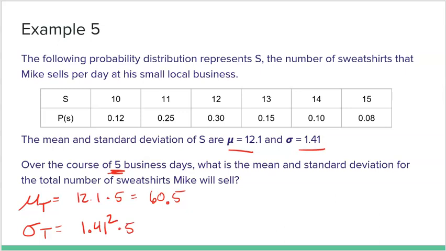I got 1.41 squared for the first day, 1.41 squared for the second day, all the way down the line. And then I need a giant square root around all of that variance to get back to a standard deviation. So again, that's going to be the square root of 1.41 squared times 5. Make sure that 5 is in the square root, please. And I get 3.15. So over the course of 5 days, Mike expects to sell 60.5 sweatshirts, but it could vary a little bit more, and that number is the 3.15.